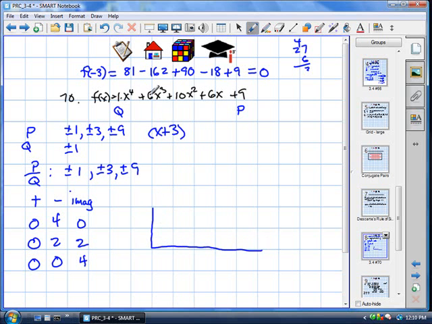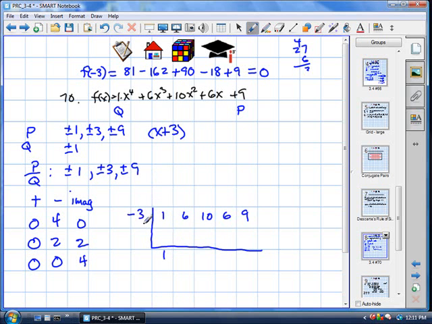By the way, do I have any missing values of the exponent? 3, 2, 1, 0. Nope, we're in good shape. So the coefficients are 1, 6, 10, 6, and 9. And I'm trying the solution of negative 3.